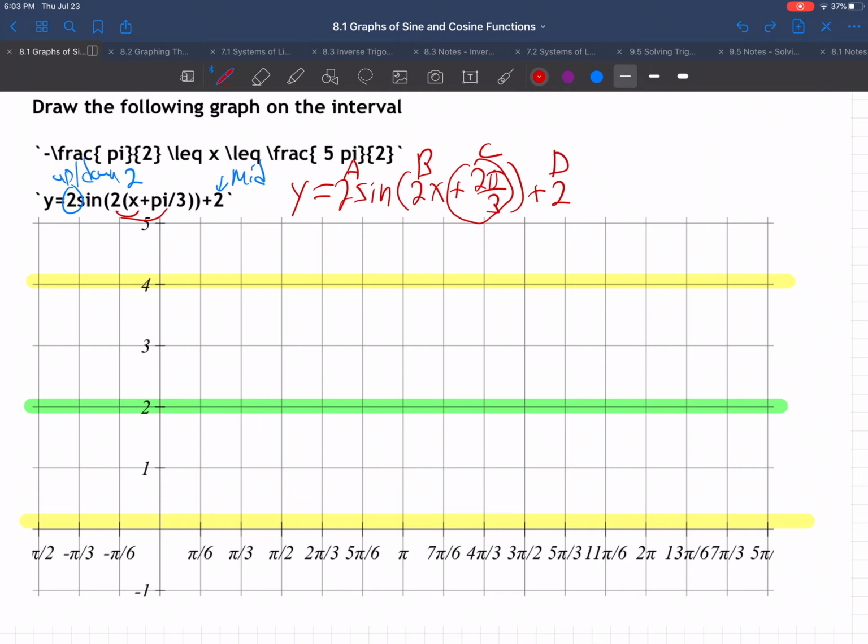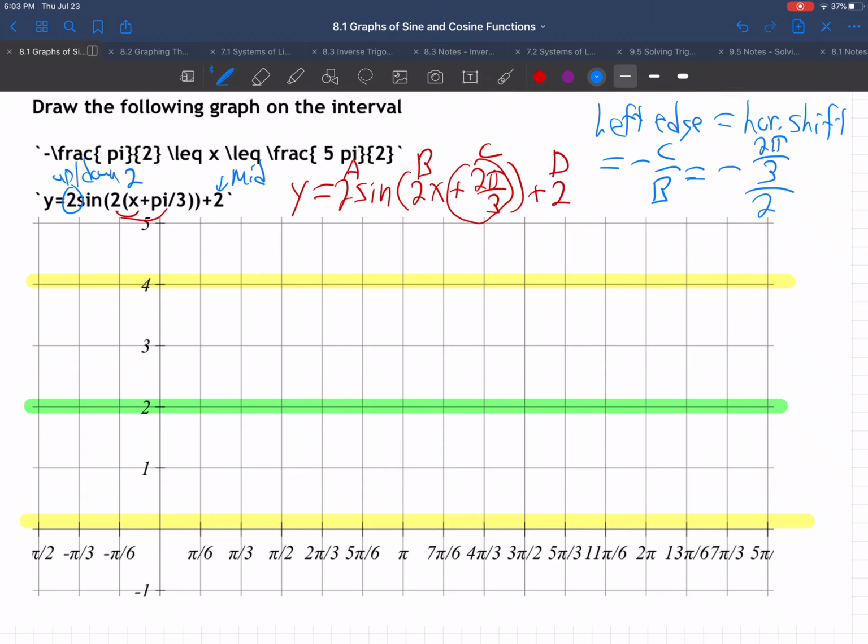Now they say the left edge of the box, which is also called the horizontal shift, equals -C over B. That's the formula. It's also called the phase shift. Negative, and what's C? 2 pi over 3, over B, what's B? 2.